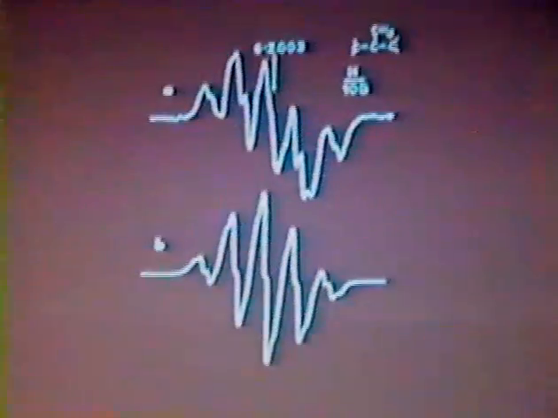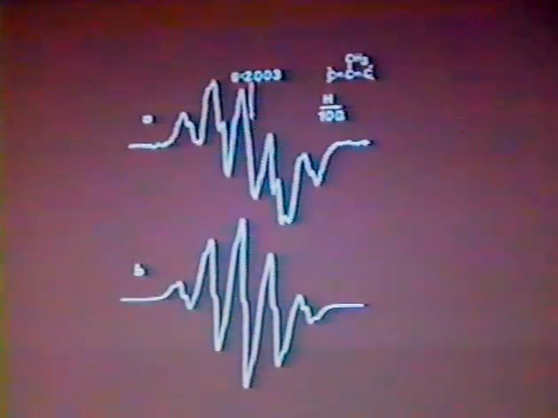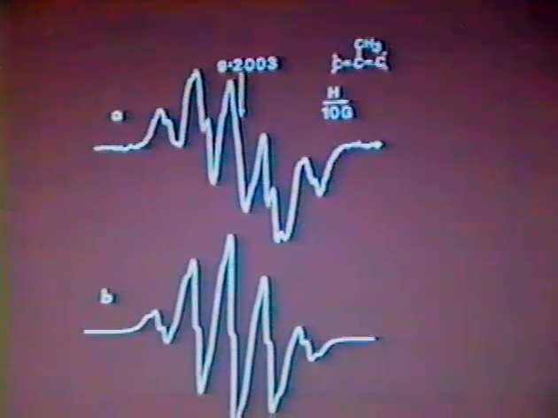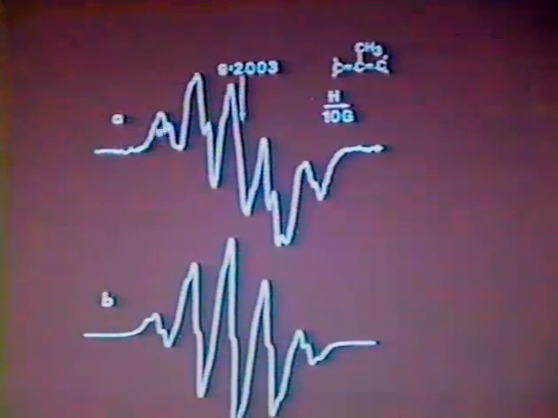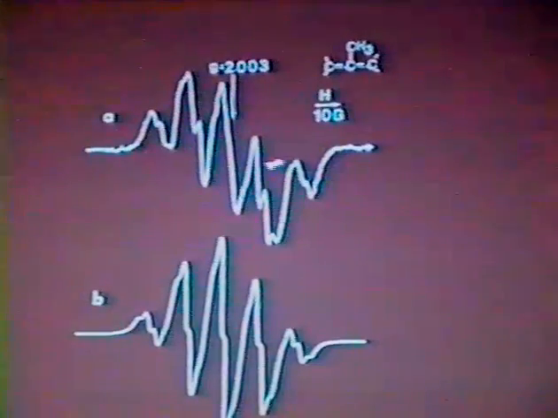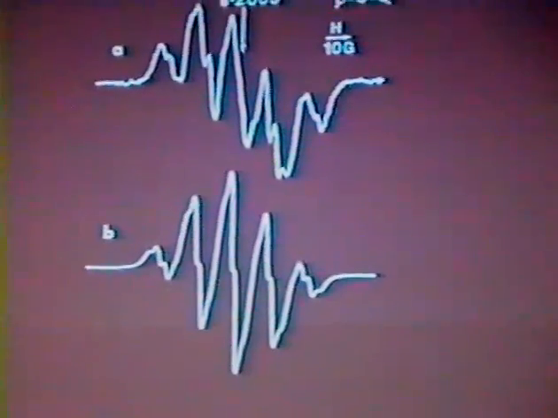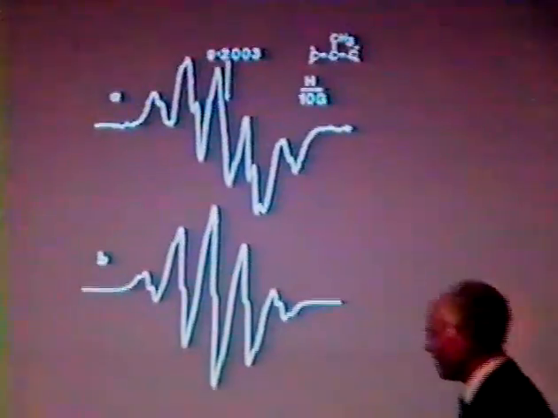And I show you one spectrum, that is the 2-methyl allyl radical, which is formed from the isobutylene. The upper spectrum is that of the experimental spectrum, and the lower is that which has been simulated based upon the coupling constants and the G value.